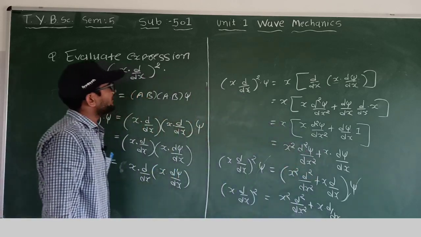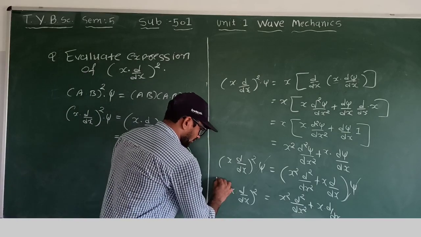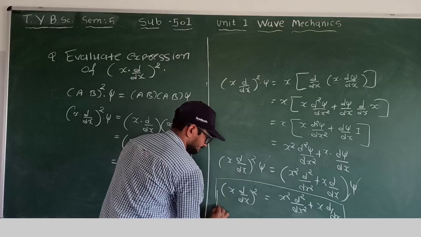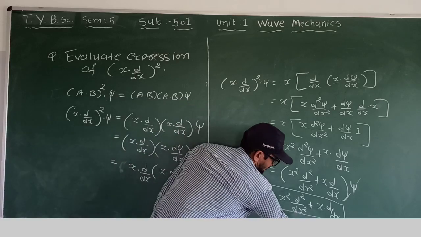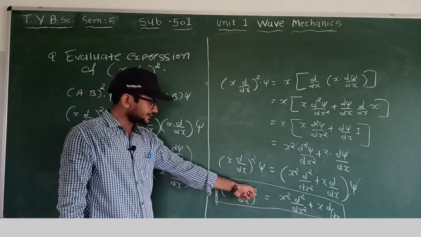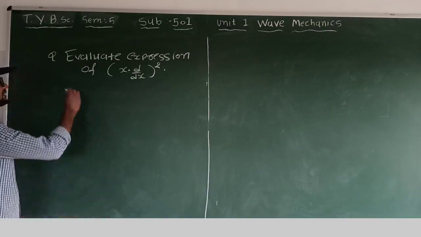Okay, so this is the final expression of (x d/dx) squared. Okay, now this second question is question number 2.